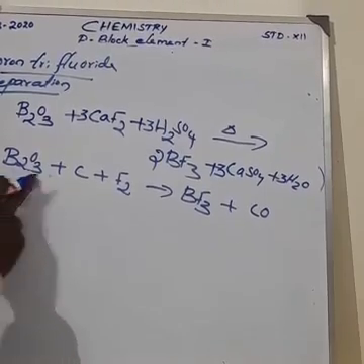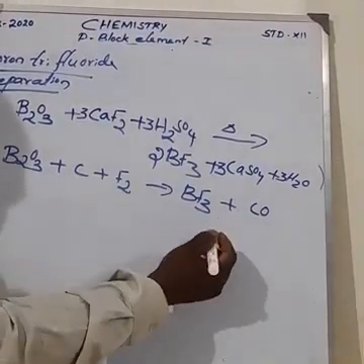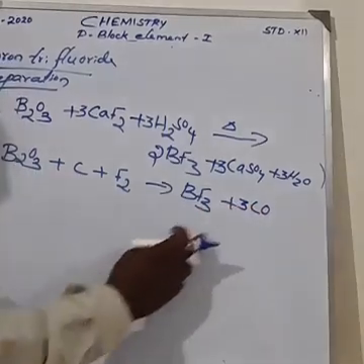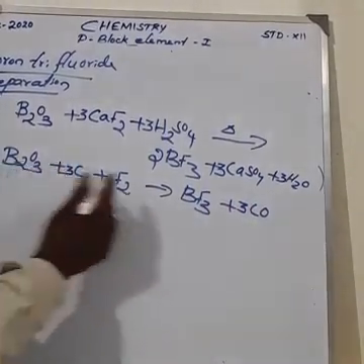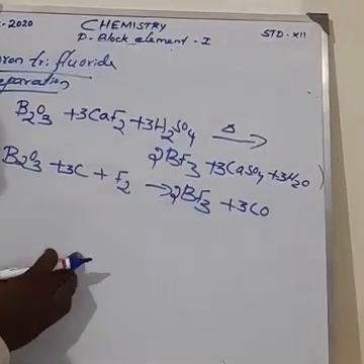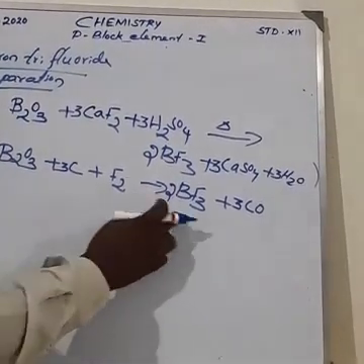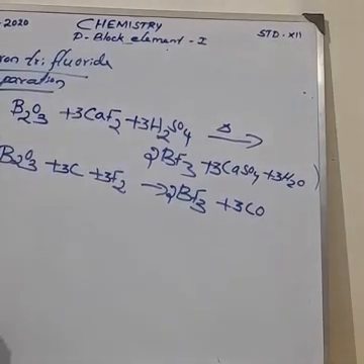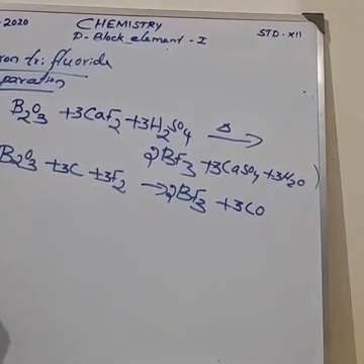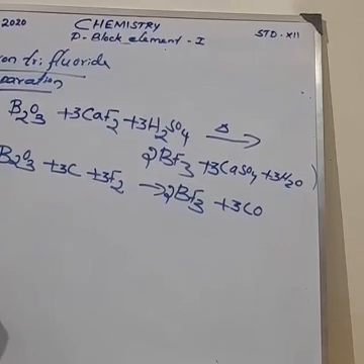Here having 3 oxygen, here having 1 oxygen. Make it 3 here. So 3 carbon, boron 2, BF3, and also fluorine 3. The equation is balanced.